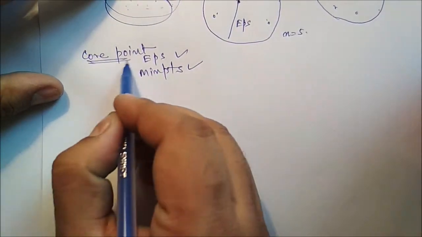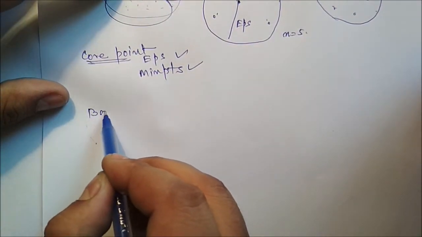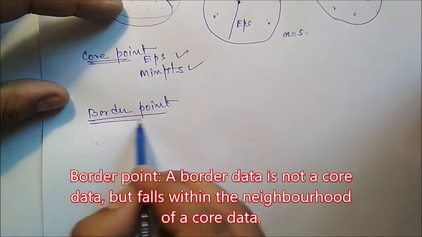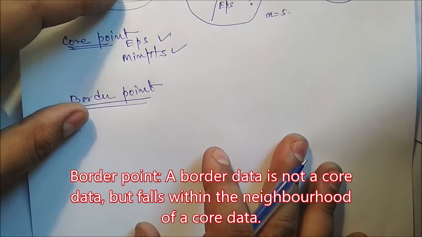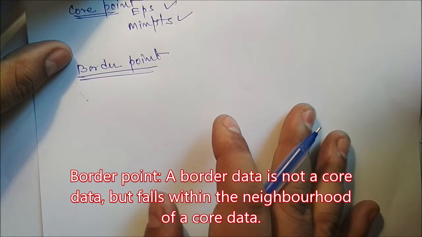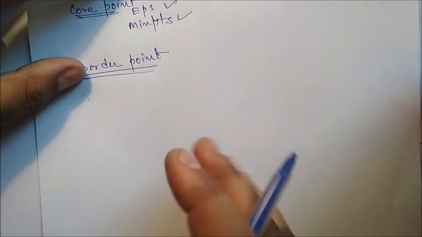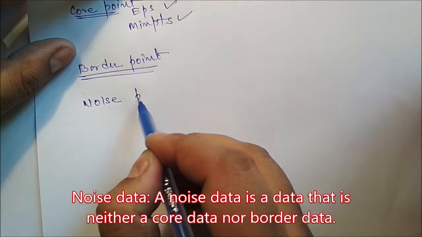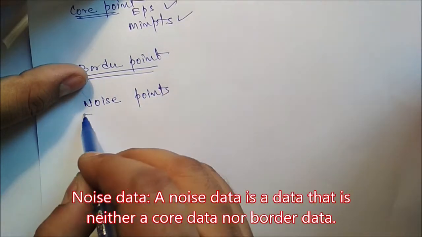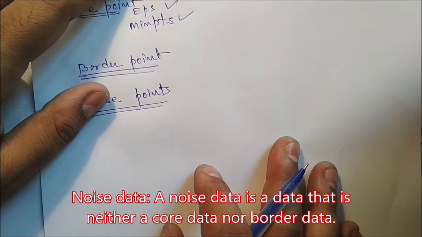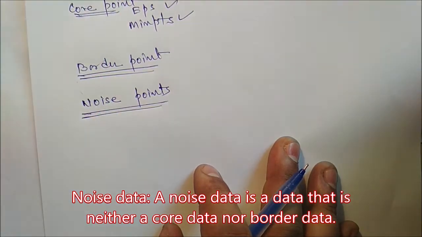Next is the border point. A border point is not a core point but falls within the neighborhood of a core point. And a noise point is a point that is neither a core point nor a border point.